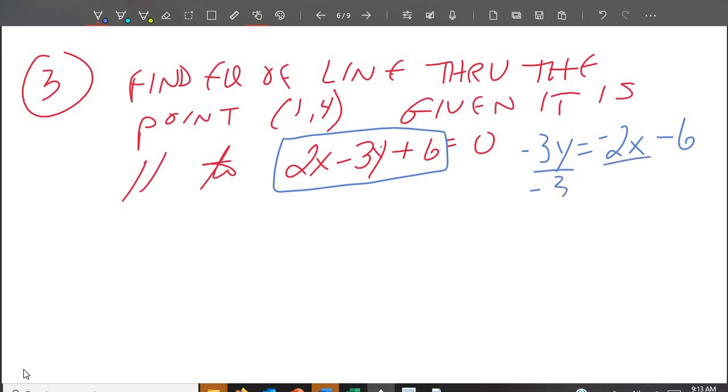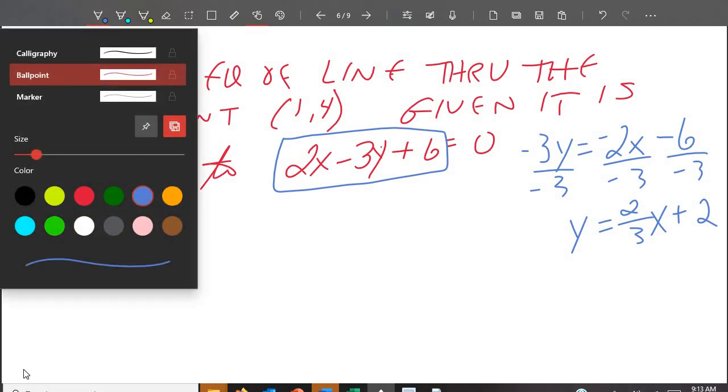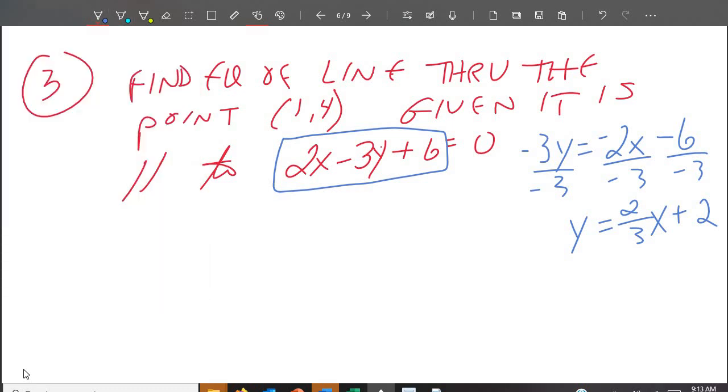And we divide everything by negative 3. So y will be 2/3 x plus 2. All right, now here is the slope, and they're parallel, so 2/3 is what I use in my formula.